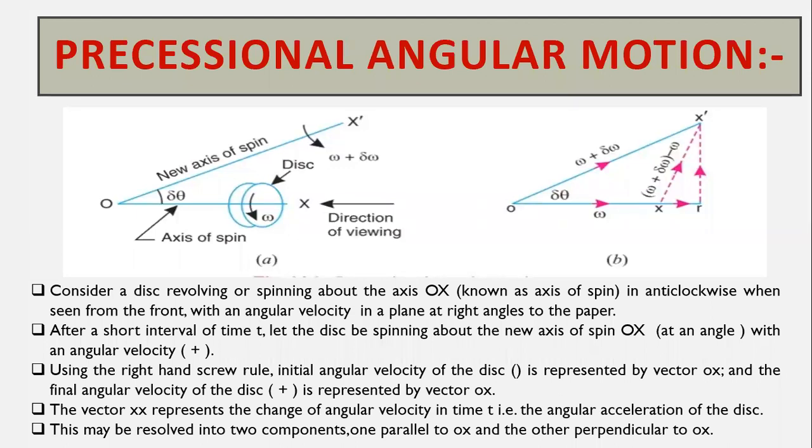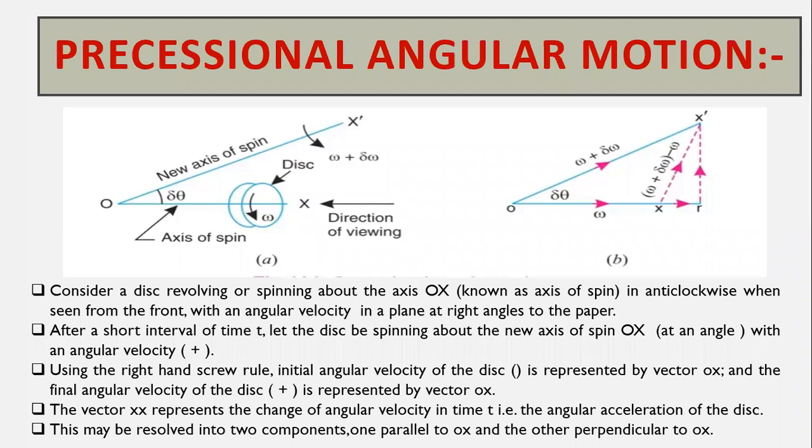We have already studied the axis of spin, active force and reactive force in the earlier slide. So in this slide, when the axis is changing from OX to OX dash, it is called the active force, and when the disk is coming from the OX dash axis back to the OX axis, it is known as reactive force.